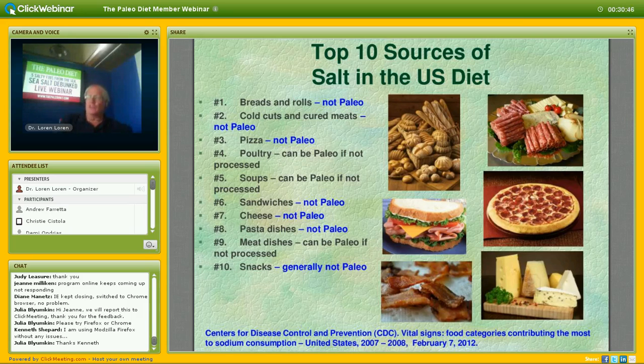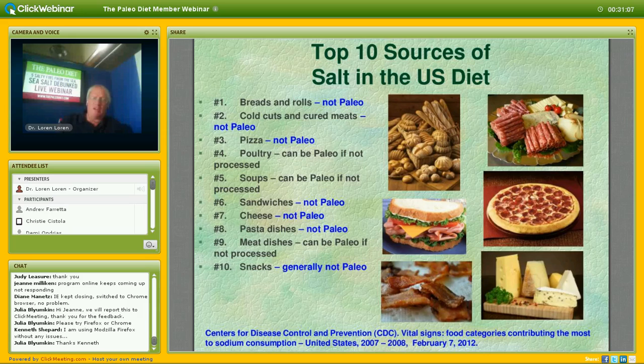The next source of salt in the U.S. diet is cold cuts and cured meats. In all of my books, I encourage you not to consume meats like what you see in the upper right-hand corner of the diagram, or the meats that you see in the sandwich in the middle, or the pepperoni on the pizza.